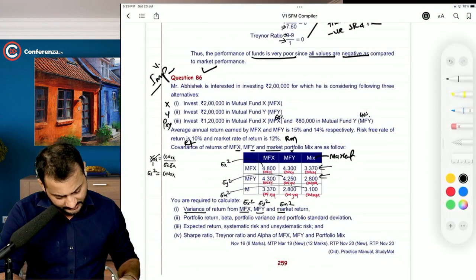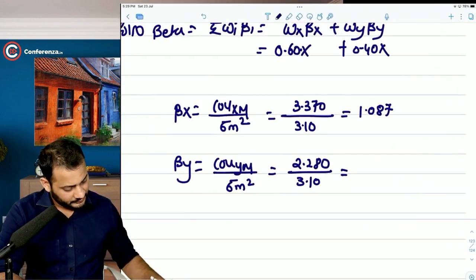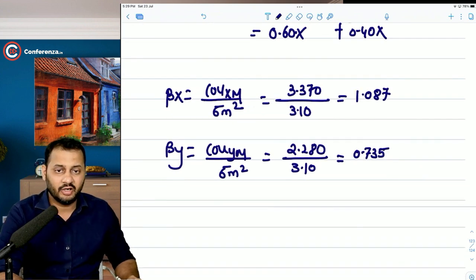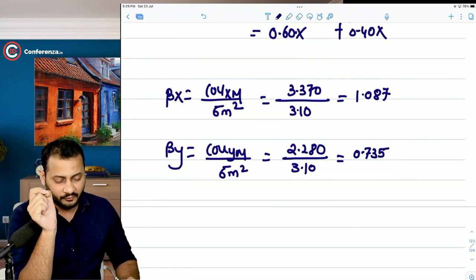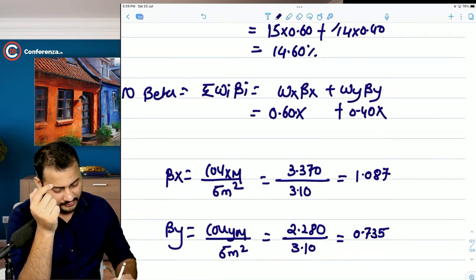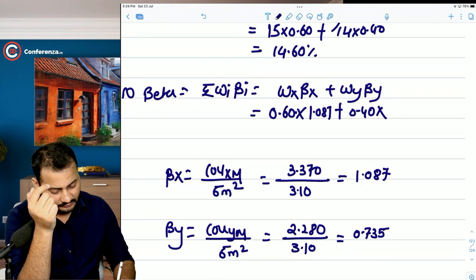Did they ask anything else? No. Okay. 2.280 divided by 3.10. Let's put the figures. 0.735. So this is the beta of both the X and Y. Let's put that in the equation. 1.087 and 0.735.